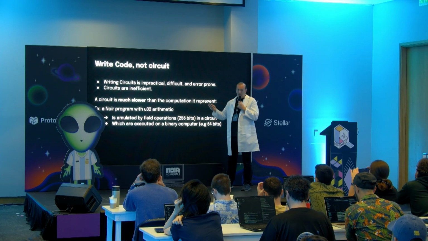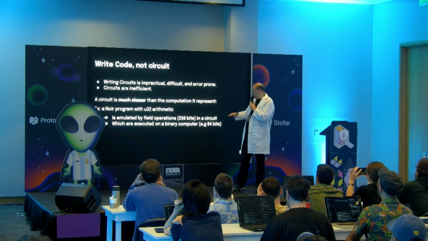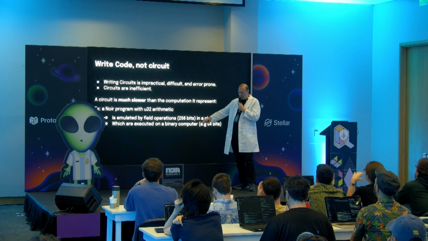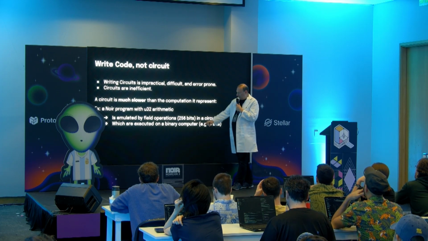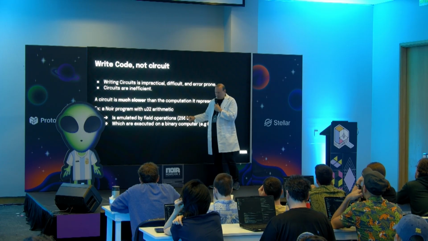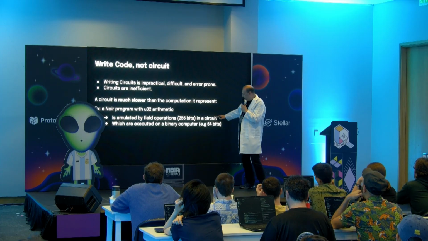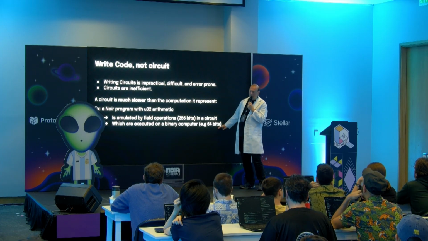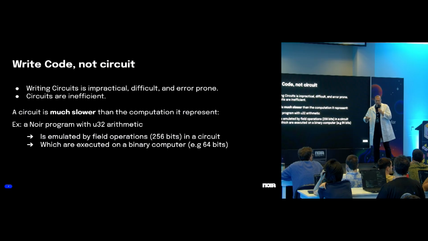But then you need to remember that you are executing this on your computer, which is a binary computer, using bits. For instance, a register of 64 bits. But our fields are much, much bigger, around 256 bits. So then this will need to be emulated again by a binary computer. So you have to do this kind of double emulation that is at the end very slow.